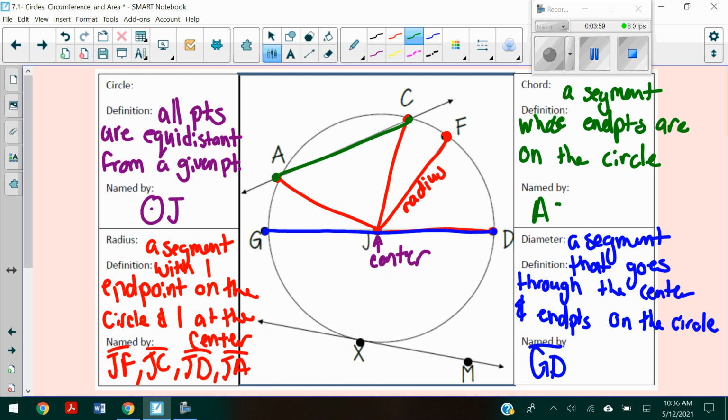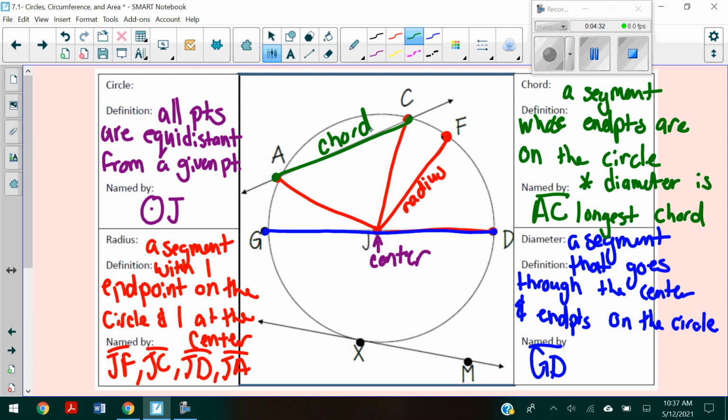Okay. Your diameter is your longest chord in your circle. So some circle basics terms for you.